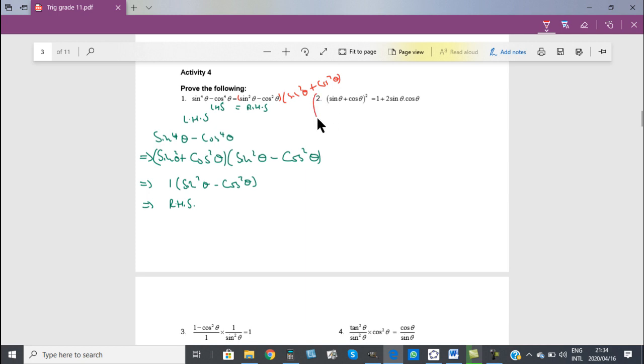I mean, we can take either this side or that side, but I'd say the left hand side and right hand side. So if we say your left hand side, sine theta plus cos theta all squared. Now remember your exponential laws.